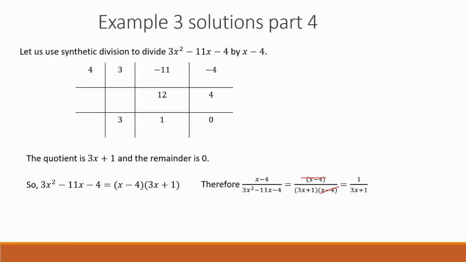These cancel, we're left with this. What's nice about this example I was trying to show you is you could factor the denominator, but since we already know a factor of it, we don't have to. We can just use synthetic division. And I don't know about you, but I think this looks easier than the AC method.